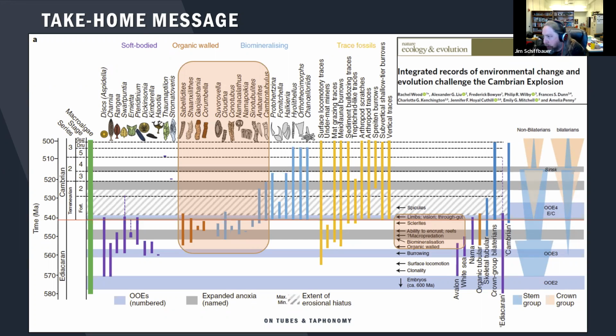This is a phenomenal figure that highlights that both of these organic-walled tubes and the biomineralizing tubes at the terminal Ediacaran occupy such an important temporal range in between the soft-bodied classic Ediacara biota and what we know in the lower part of the Cambrian and towards the Cambrian explosion. And they occupy so many important evolutionary novelties, from potentially the first guts that we see in the fossil record to the first animal-grade biomineralization to maybe predation to maybe reef building to a lot of different things.